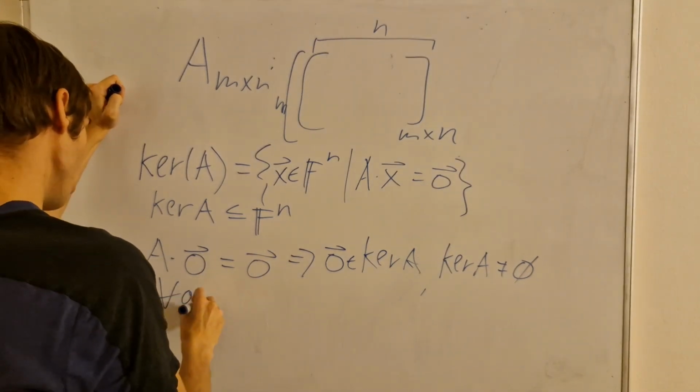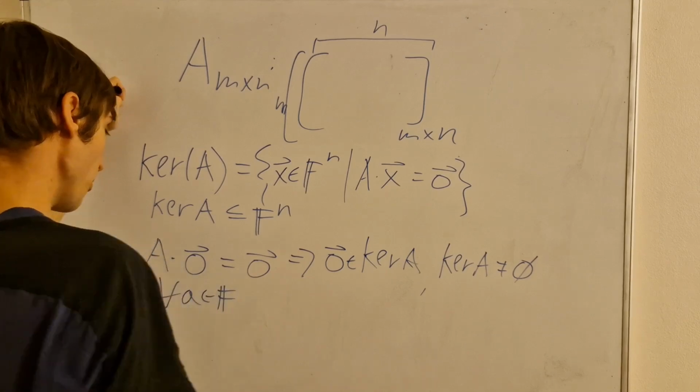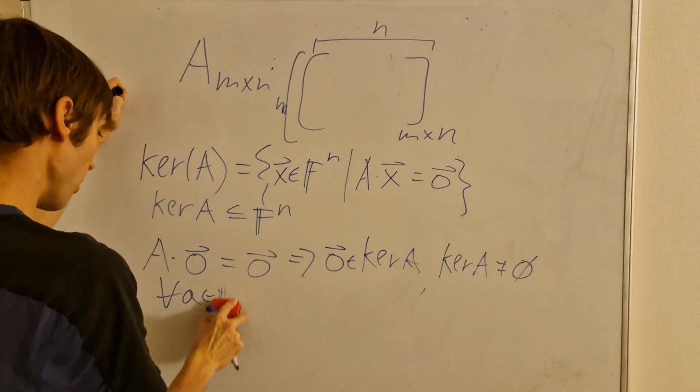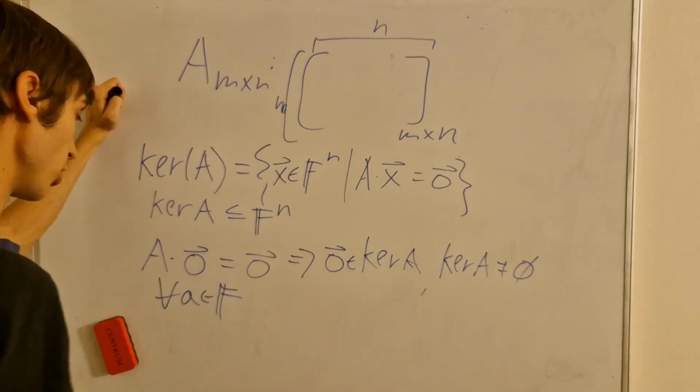Now let's also make the observation that for any scalar in the field F over which we have the vectors, and we could be more concrete and take, for example, real numbers, but let's do it in this more general case.